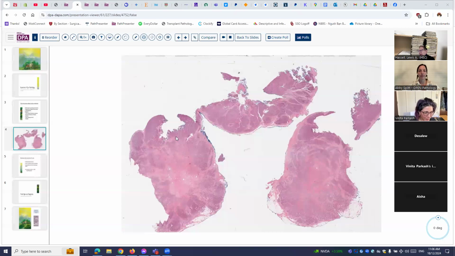So with that bit of preface, let me start by sharing a case from our teaching files. This is a woman with a vulvar mass.